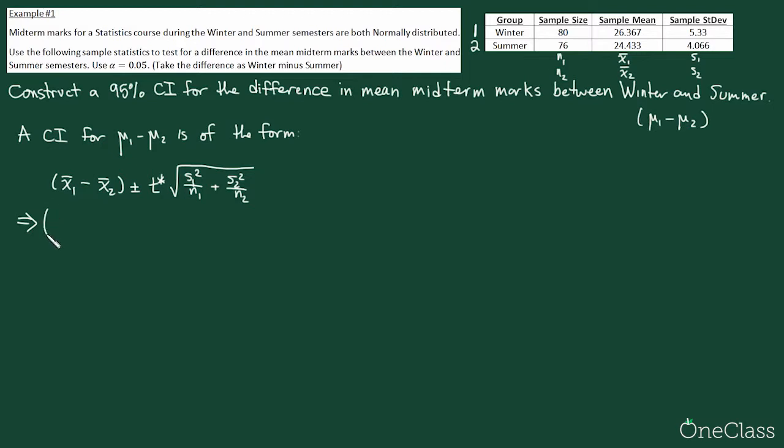X bar 1 is 26.367 minus x bar 2, which is 24.433, plus or minus t star times the square root of s1, 5.33, squared divided by n1, which is 80, plus s2, which is 4.066, squared divided by n2, which is 76.